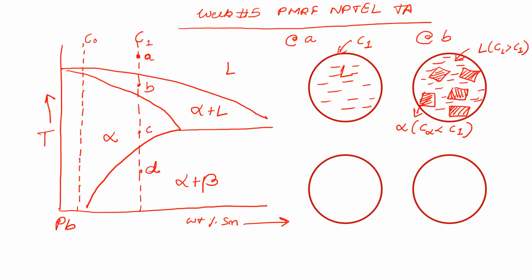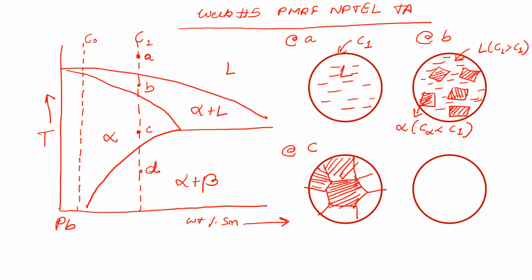And as we go on crossing the solidus at point C, we have a complete precipitation from the liquid. So we'll be having 100% alpha here. So again, these are the different orientations of the alpha grains that are formed.